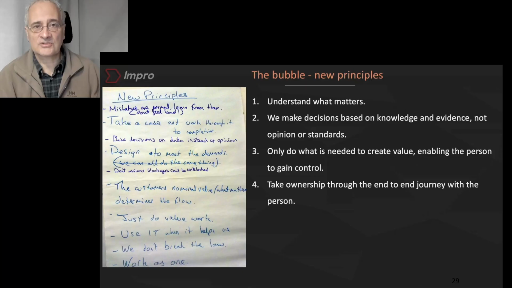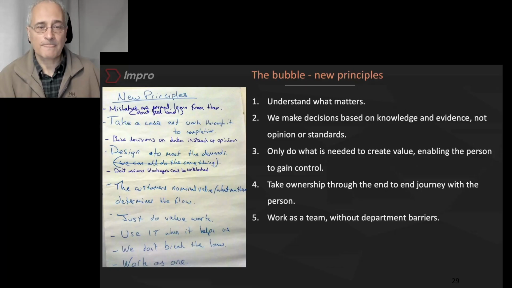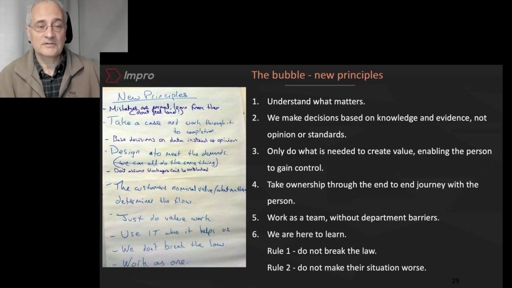So instead of just dealing with individual activities that we used to do, we actually take responsibility for the whole end-to-end journey of that person. We work as a team without any departmental barriers, and we're here to learn. And rule number 1, we mustn't break the law. And rule number 2, we mustn't make that person's situation worse compared to how they would have been treated in the current system. And then we started to take real demands.